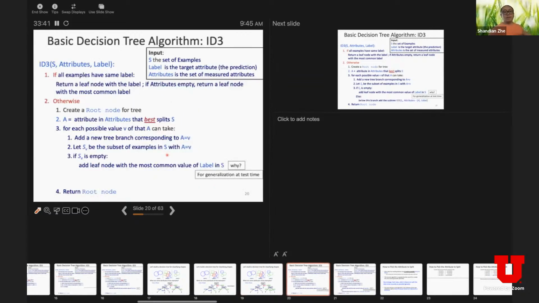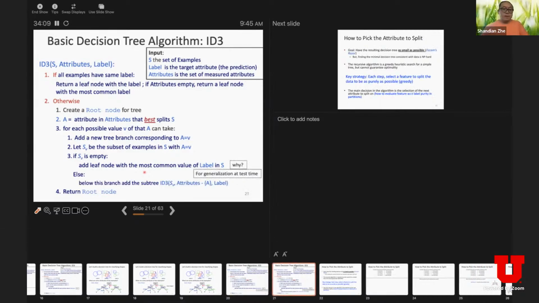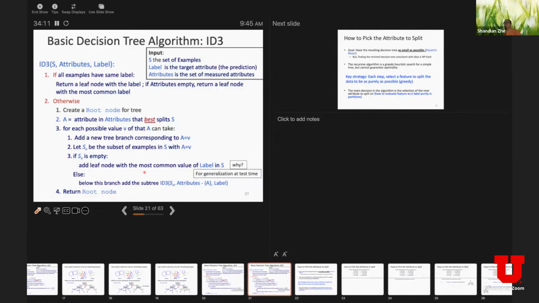Okay, so that's a very important detail here. In implementation, you do need to check every subset following a particular condition: whether attribute A takes a particular value V. If it is empty, you still need to add a leaf node and assign it the most common value of the label in S. If SV is not empty, what does it mean?